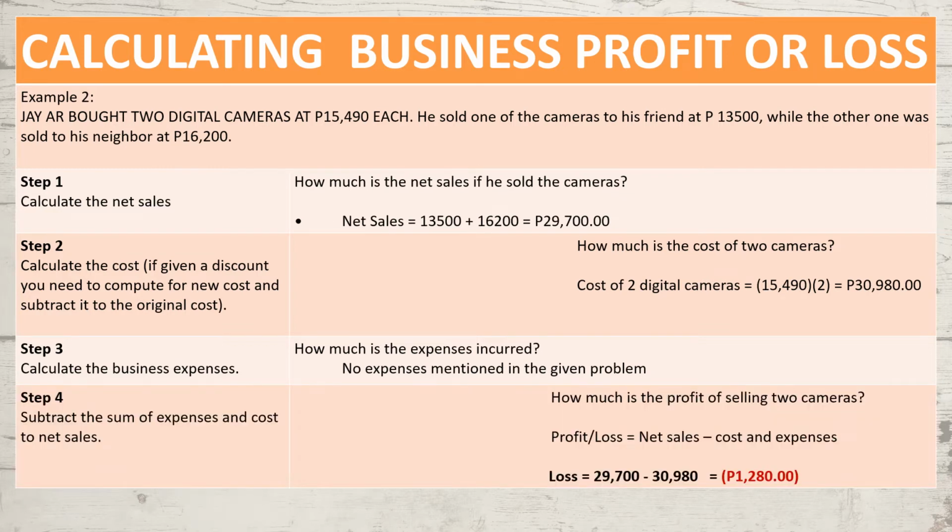So for step 4, we will subtract the sum of expenses and costs from net sales. So you will answer the question, how much is the profit of selling two cameras? The formula: profit or loss is equal to net sales minus cost and expenses. To substitute, our net sales is 29,700 and our total cost is 30,980.